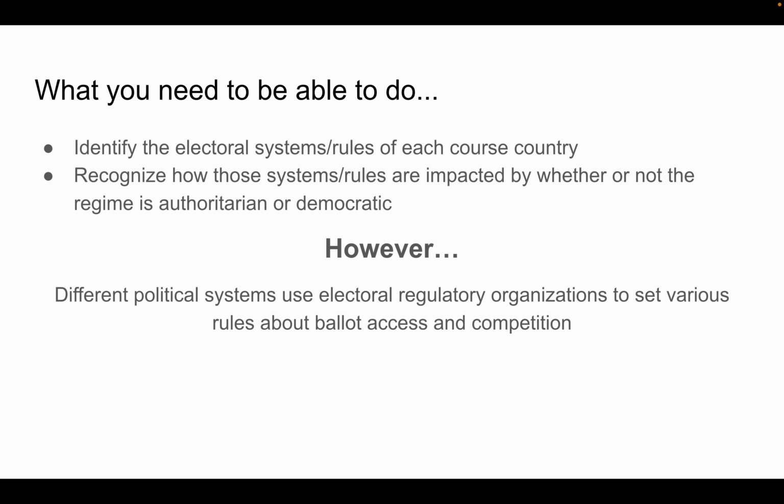Three countries in particular we need to focus on in this regard. In Iran, the Guardian Council, like we mentioned, must approve inclusion on the ballot. This means that there is a severe restriction to ballot access, unlike the UK, for instance.